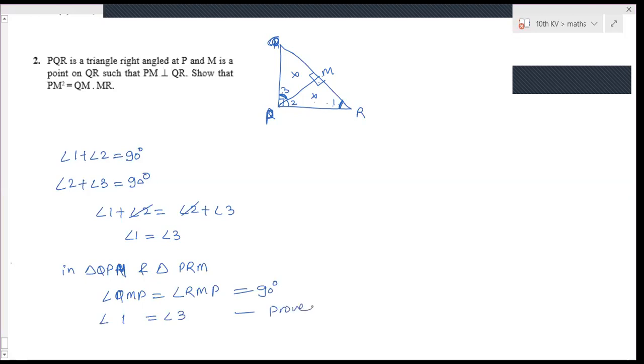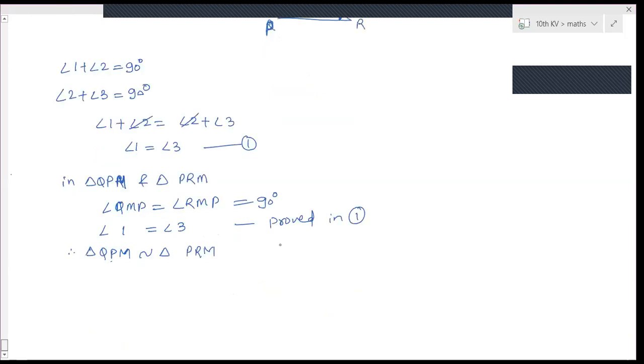Proved. Mark this as equation 1. Therefore triangle QPM is similar to triangle PRM. Check the corresponding vertices properly: P angle is equal to R angle, so in place of P, R should come. This is similar by AA similarity.